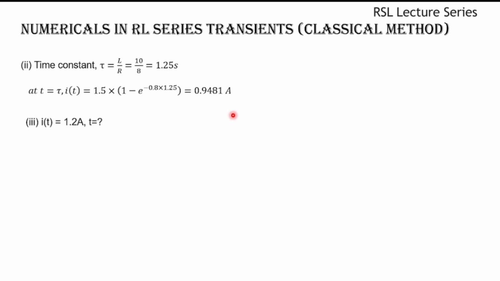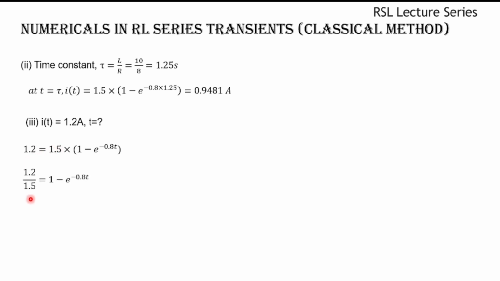Okay. So next we have to find out the time instant at which the current is 1.2 ampere. So in place of I of t we have to substitute 1.2 and then find out the value of t. So 1.2 is equal to 1.5 into 1 minus e power minus 0.8t. We can take this term down here.